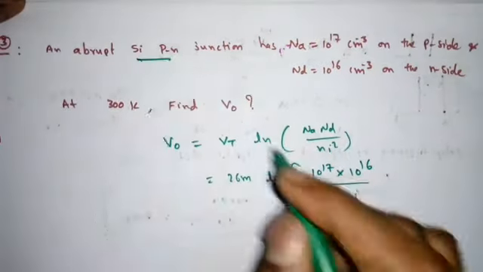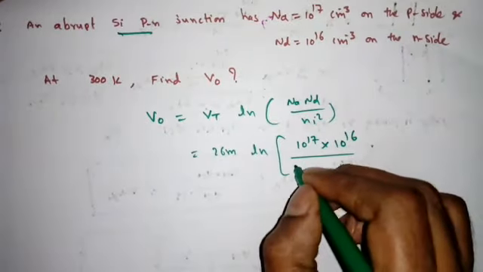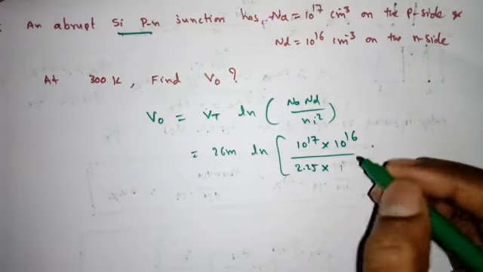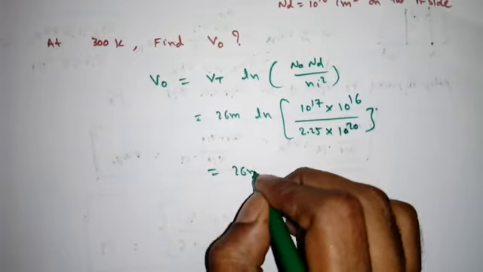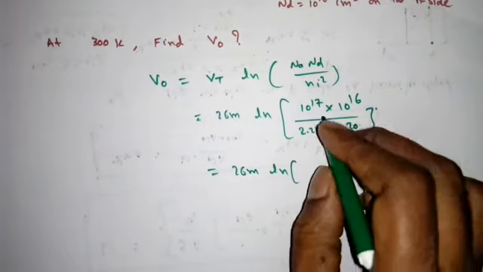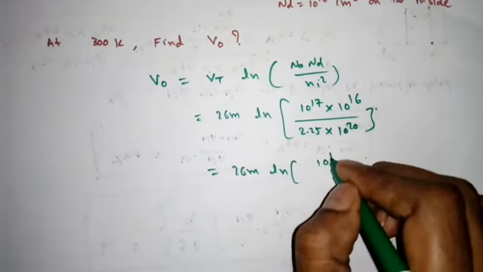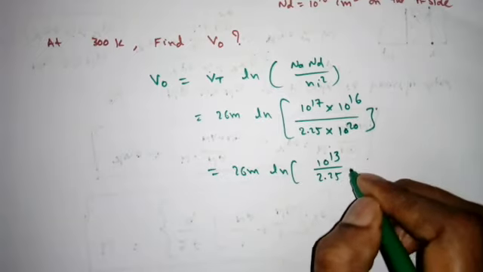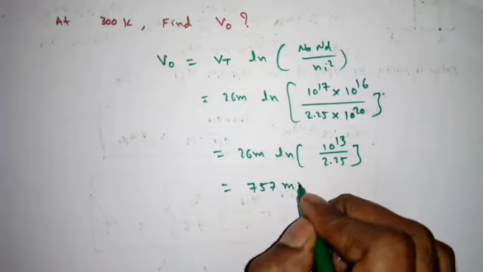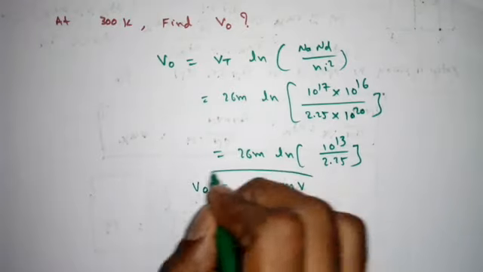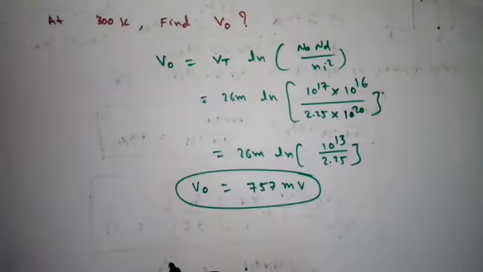So what is Ni? For silicon, 1.5 into 10 to the power 10 whole square means 2.25 into 10 to the power 20. So what will we get? 26 milli ln 10 to the power 33 by 10 to the power 20 means 10 to the power 13 by 2.25. So this will come out as 757 millivolts. This is the V naught, right?